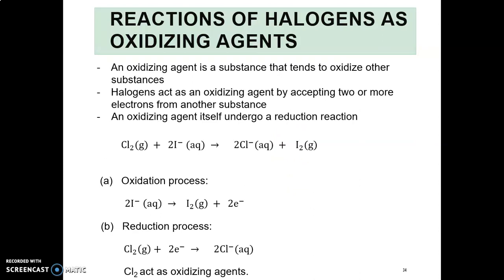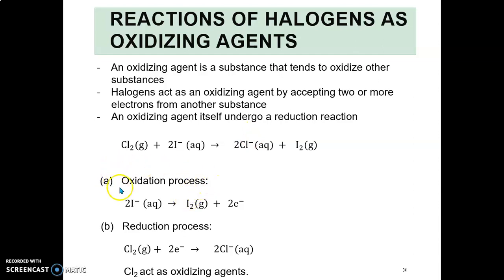Reaction of halogens as oxidizing agents. An oxidizing agent is a substance that tends to oxidize other substances. Halogens act as oxidizing agents by accepting electrons from another substance, and the oxidizing agent itself undergoes a reduction reaction. Consider these reactions.